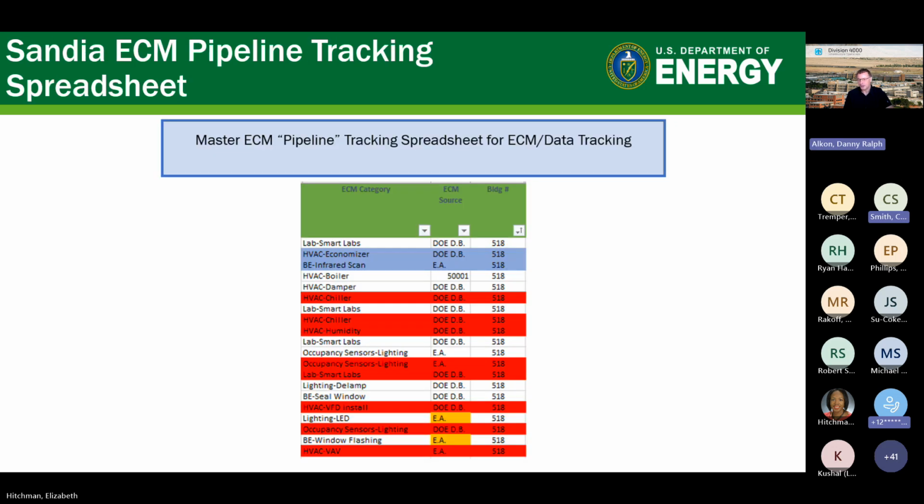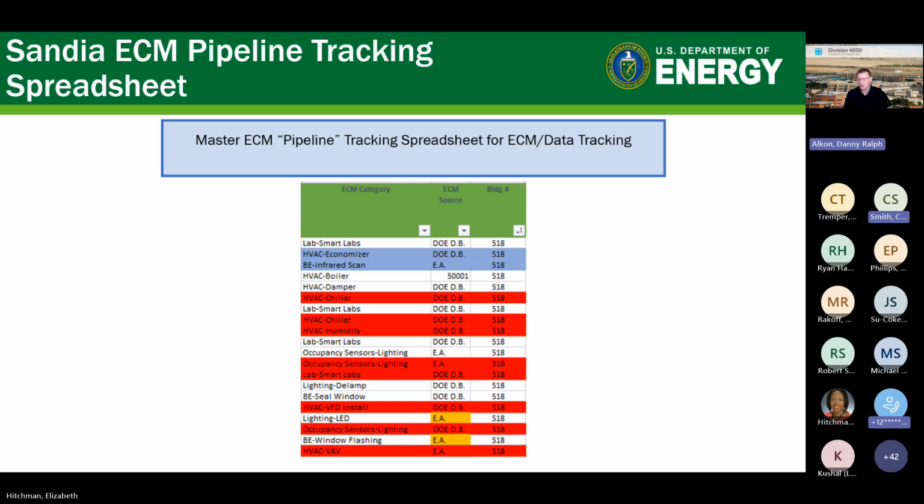Once ECMs are uploaded into the DOE dashboard, we have a separate pipeline tracking spreadsheet that is based off of the upload template from the DOE dashboard, and it has additional columns. I'm not showing this larger spreadsheet, but for example, we have a color coding that if the ECM gets completed, then it gets red coded, and then we know it needs to be removed from the DOE dashboard.